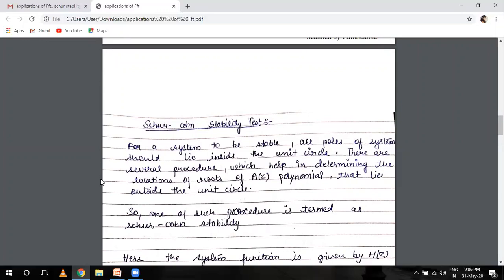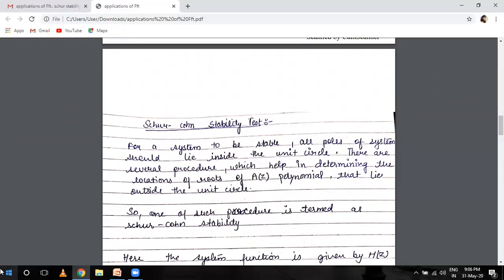So when we are talking about stability, we go for poles. In this topic, we discuss how to realize stability by using the z transform through some technique. But still in this method, we are going to consider the poles of the system.